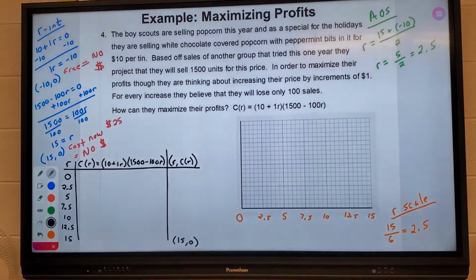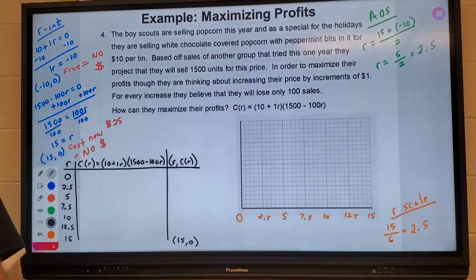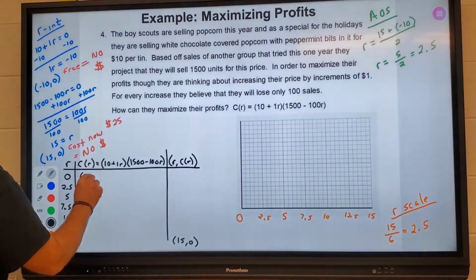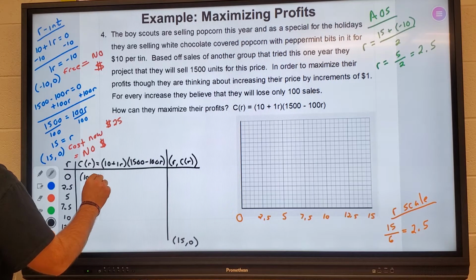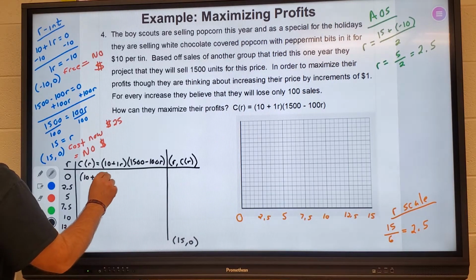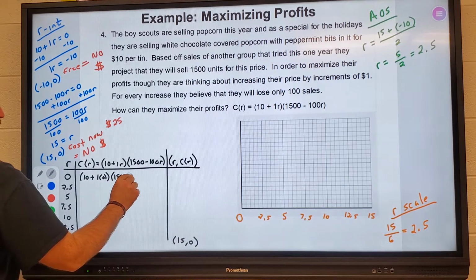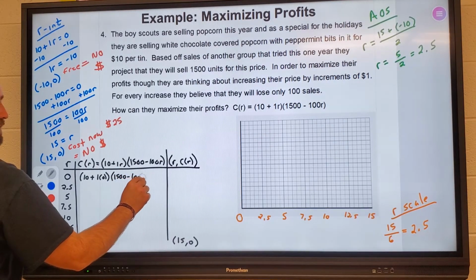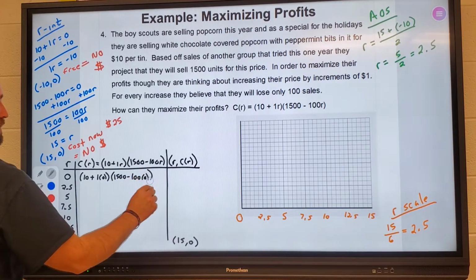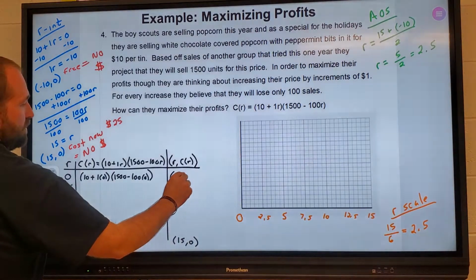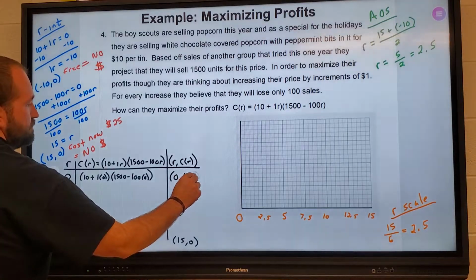Okay, so we need to go back then and plug in all the other ones here. So if I plug in 0, I have 10 plus 1 times 0 times the 1500 minus 100 times 0, and that's going to give me 0, comma, 15,000.